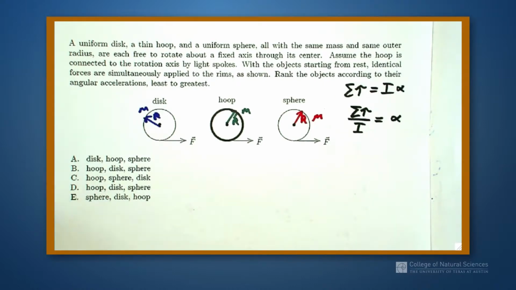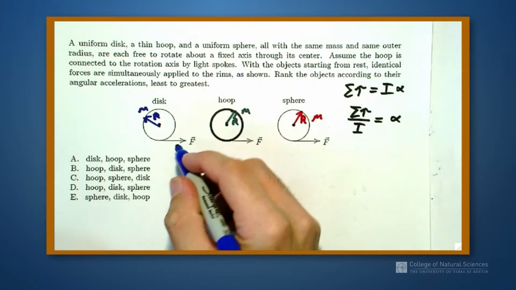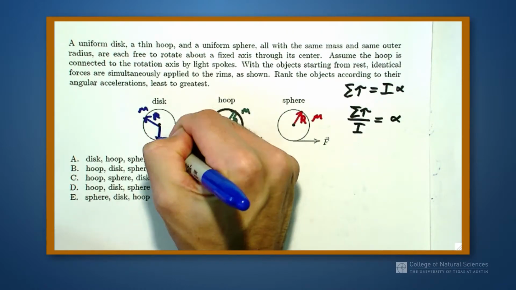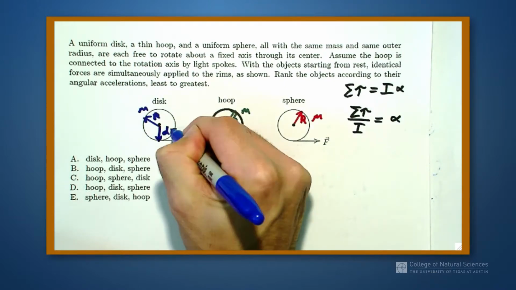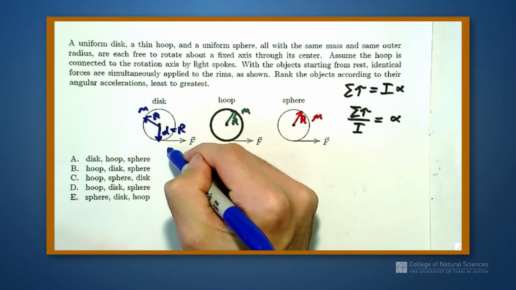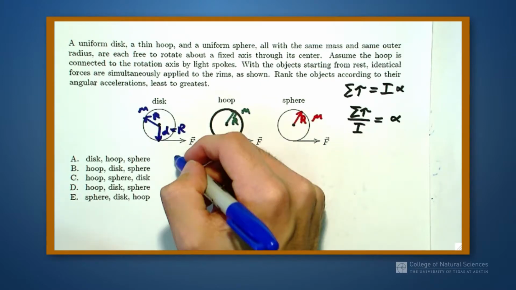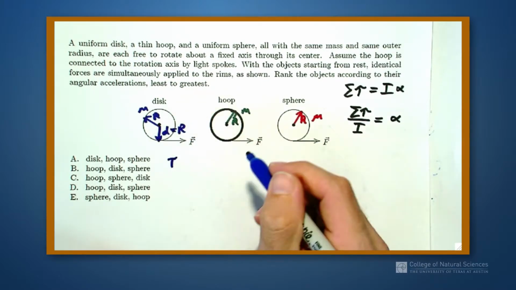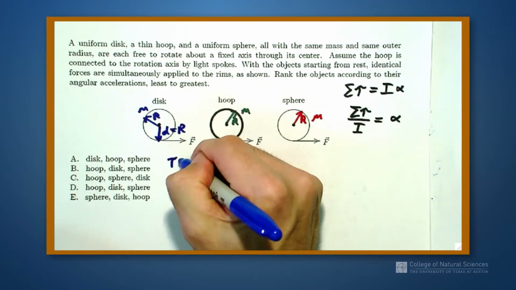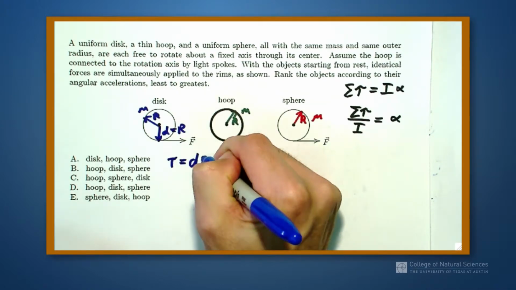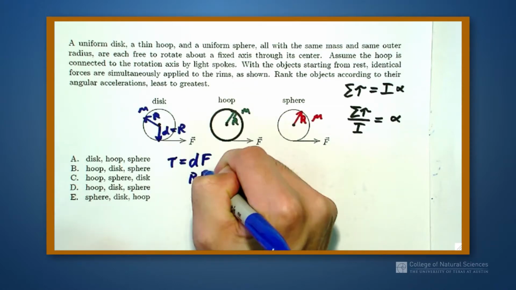So the net torque for this force is d cross f, where d happens to be equal to the radius. So our net torque is just one torque, equal to d times f, which is the same as r times f.